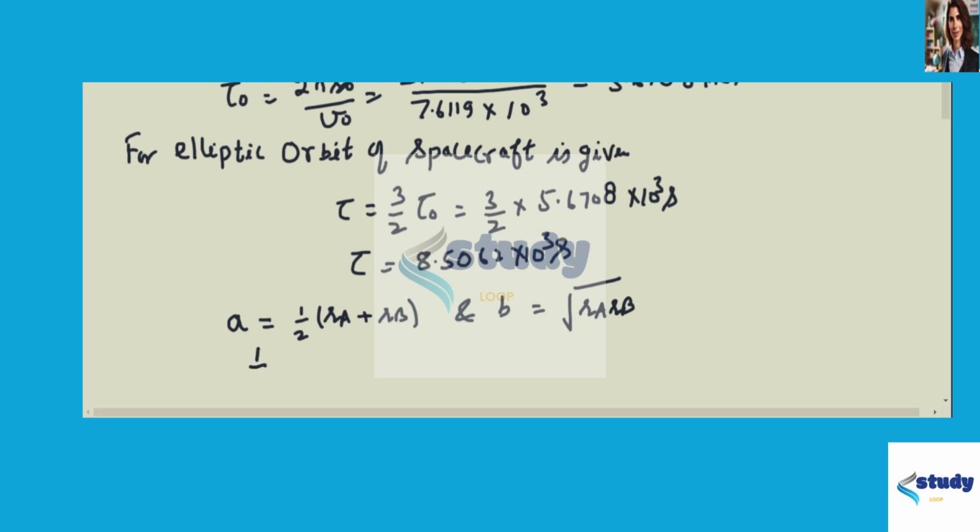We know that Ra can be defined as GM upon h squared, 1 over 1 plus e cos of theta a, and Rv is defined as GM upon h squared, 1 over 1 plus e cos of theta b.